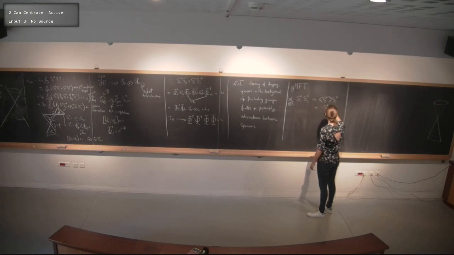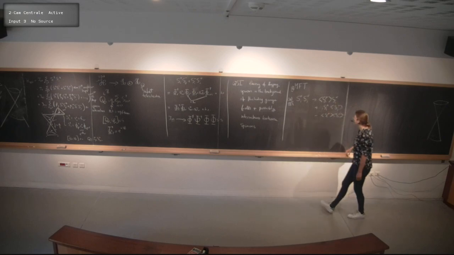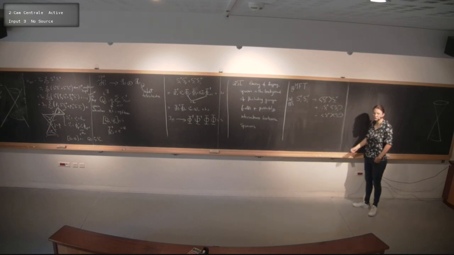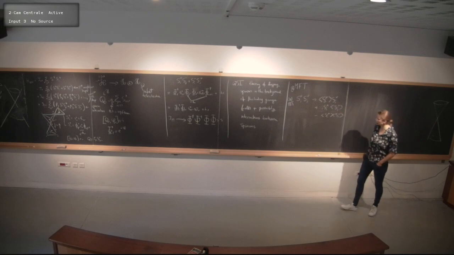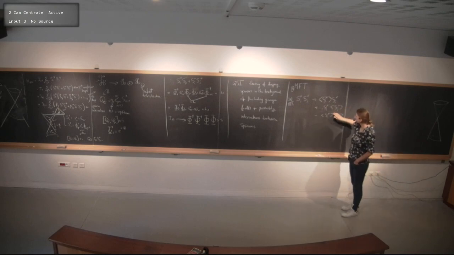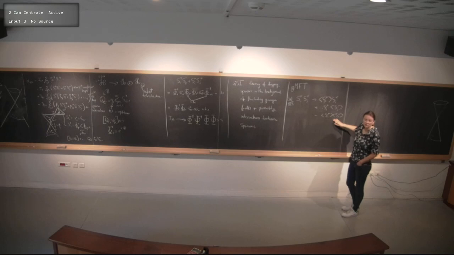S_i^μ times the expectation of S_j^ν, plus the expectation of S_i^μ times S_j^ν, minus the product of expectations. And because the spins are so fluctuating, and we saw this in the superposition in the first lecture, these expectation values are going to be 0 or close to 0.